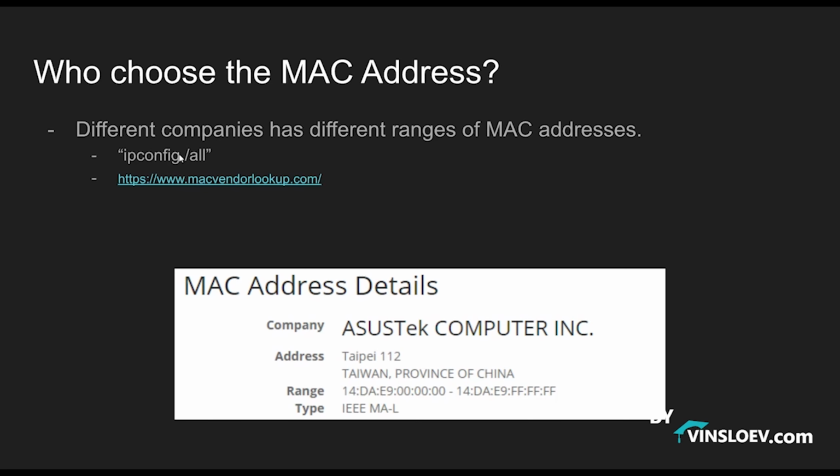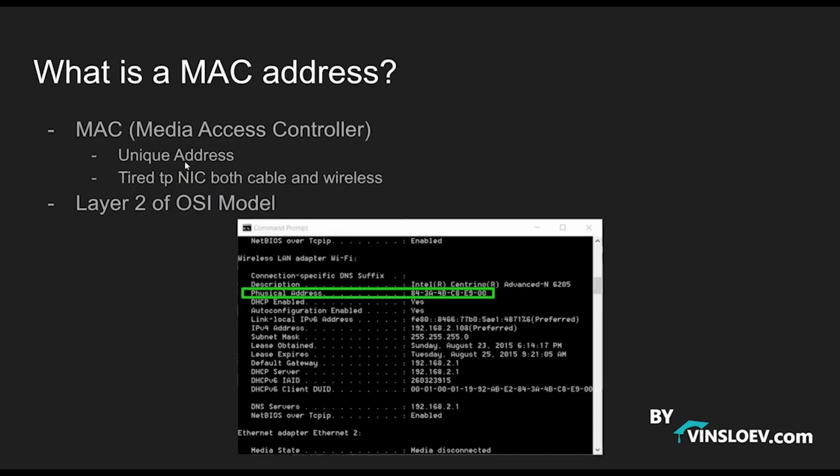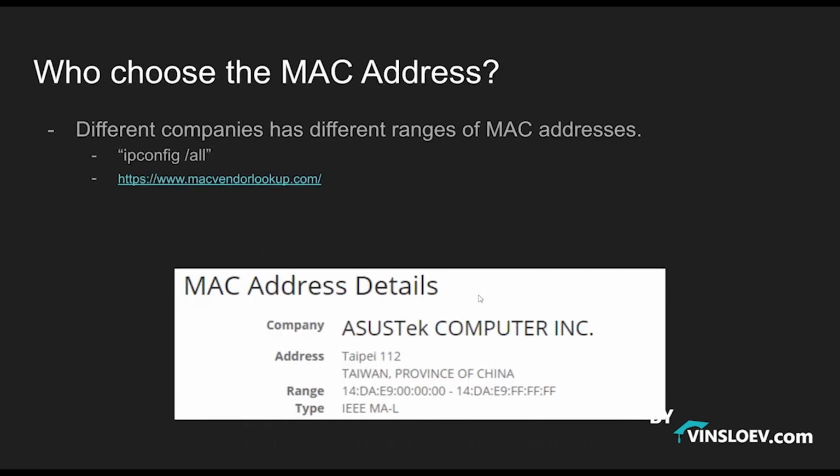You can do so by using the first command on Windows, ipconfig /all. That will give you this physical address right here. Then you can copy this address and enter this URL right here, and you will see similar information to this. Here I see what company produced it, what address they have, and what range of MAC addresses they are capable of giving. So this is a quick way to look up more information about your network card and what range is used by that company.